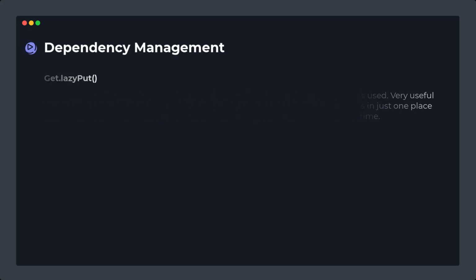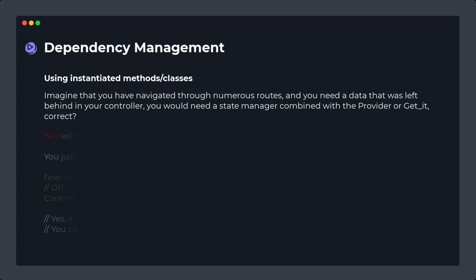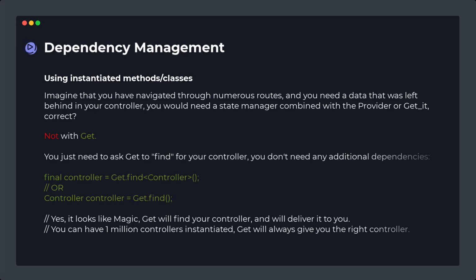So using the instances, how are we going to find the instance later on inside our application? Let's say we call the Get.put right in the dashboard, but now we want to use that in the user management somewhere. So we just have to write Get.find and the name of the controller like this. Or you can simply write Get.find, return type should be that controller, and GetX is going to find that instance.